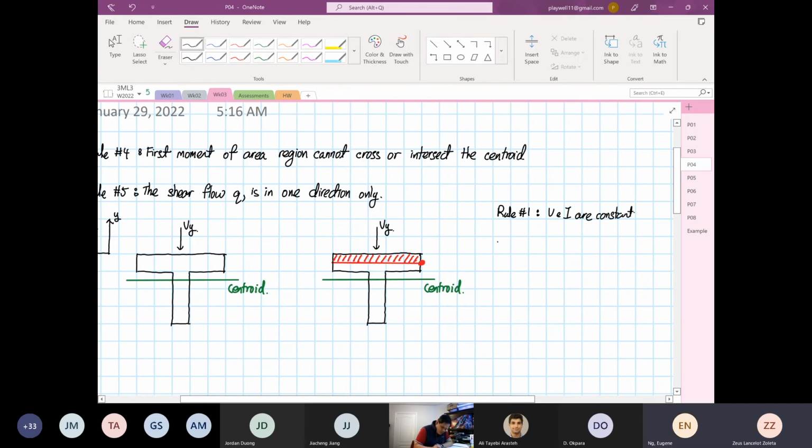Rule number 2 is that the datum is at the centroid, so we need to find our centroid, which is our datum.